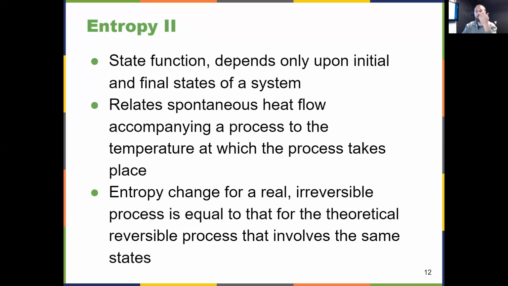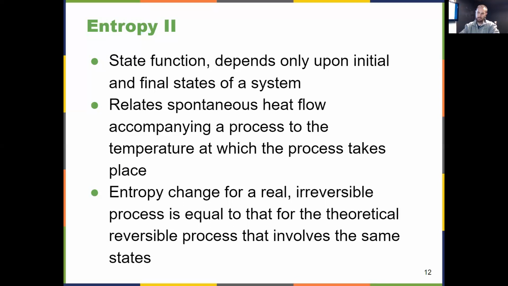And if we have an actual real thing, a real irreversible process, not the thought exercise anymore, the entropy change for a true process is equal to whatever that would have been for the theoretical reversible process between the same states. So now we've gone from the theoretical world to the real world because it's a state function. It doesn't matter how we got there.